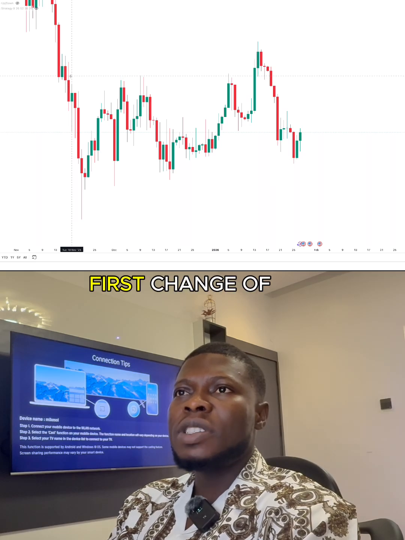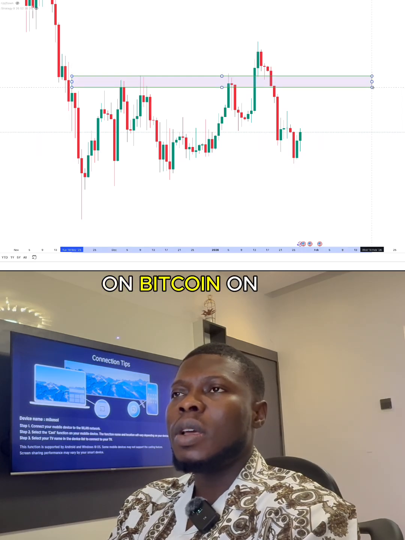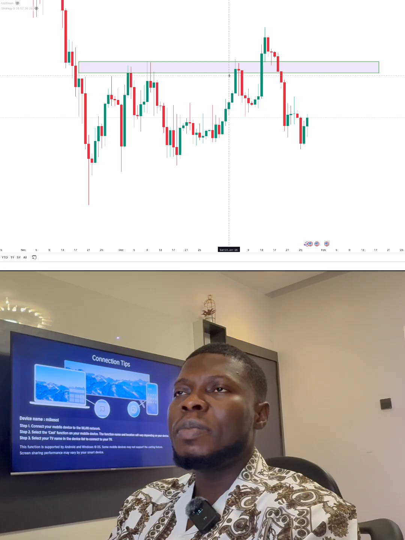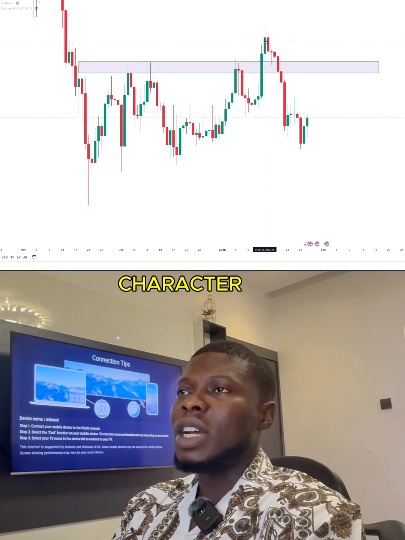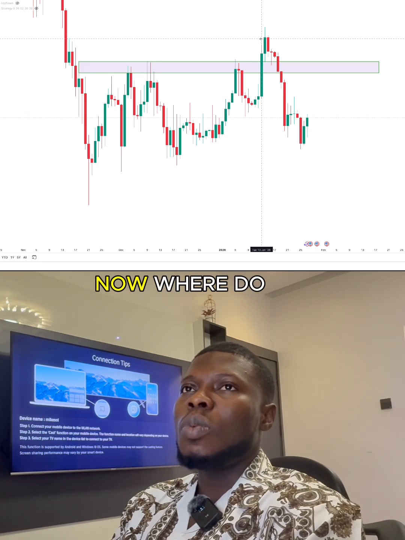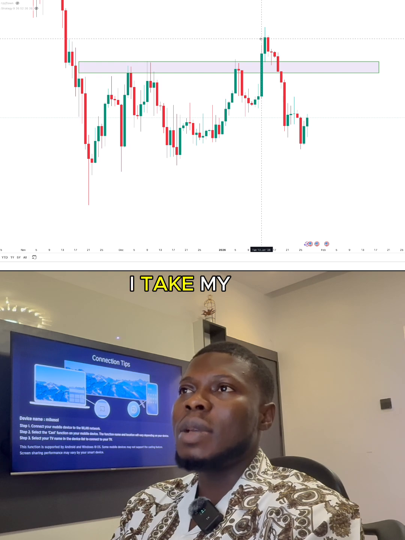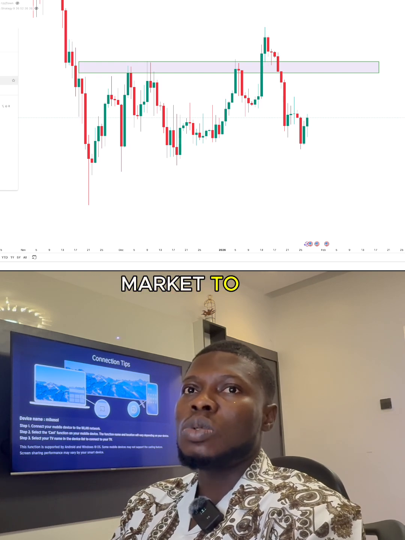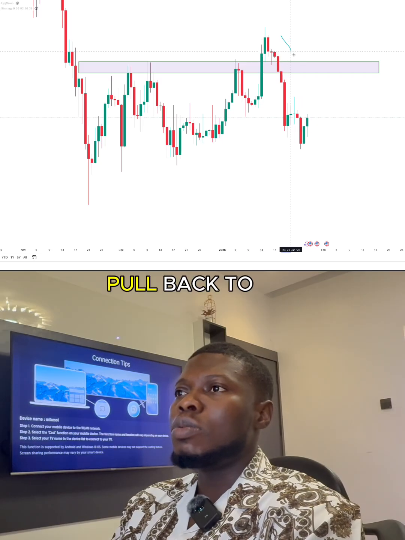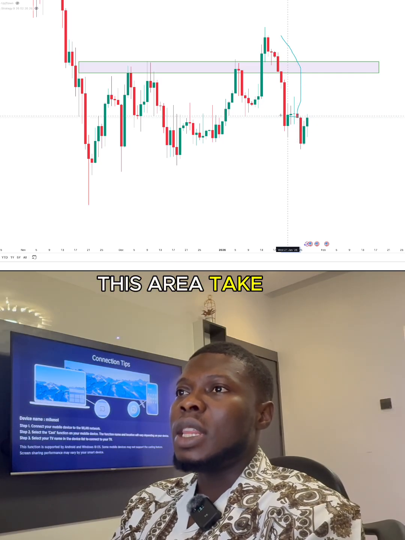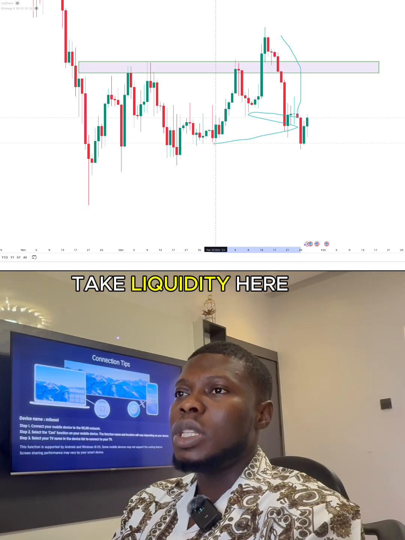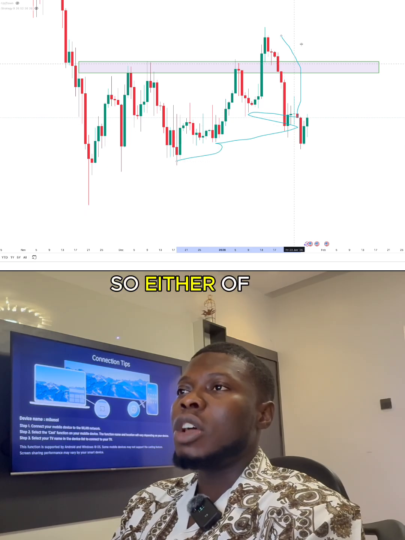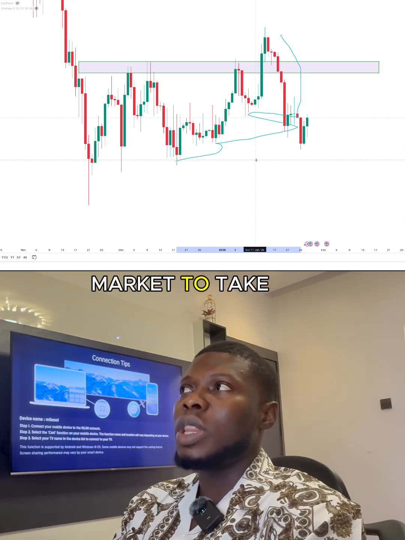I have my first change of character on Bitcoin on the 1 day time frame. So this is my change of character. Now, where do I take my trade? Because when we have a change of character, we expect the market to pull back to this area, take liquidity here, or here. So either of these zones, we're expecting the market to take our liquidity.